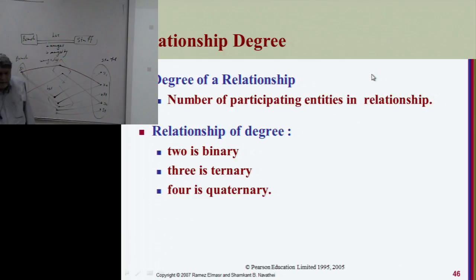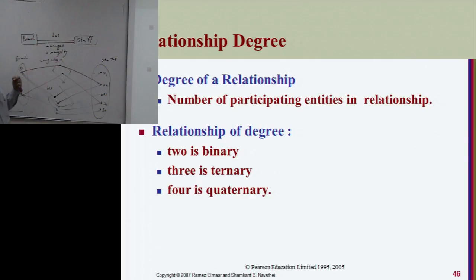Now let's talk about another description of the relationships. The relationship degree. We have relationship type, one-to-one, one-to-many, many-to-many, and the relationship degree. We used to draw the relationship as a single line, right?